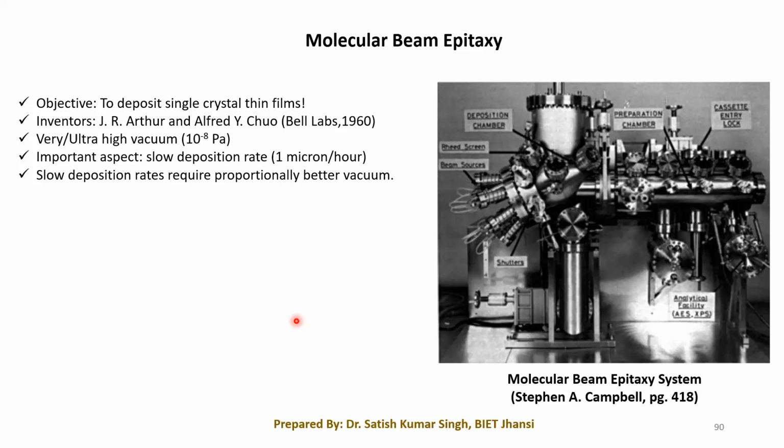But in molecular beam epitaxy, we do not send vapors, and there is no chemical reaction taking place on the wafers. Rather, we take a particular source of material. If it is an elemental semiconductor, let us say we want to grow silicon, then we have to take the silicon and evaporate it by hitting it with high energetic electron beams.